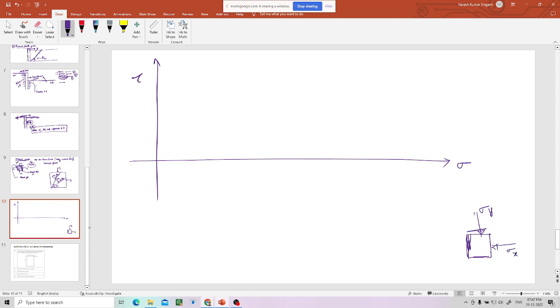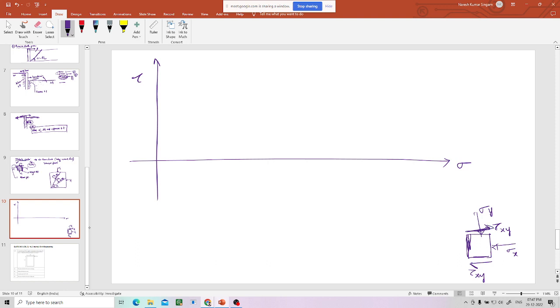There is also a shear stress value here, tau xy. There will always be a couple for the shear stress. It cannot happen just like that. So this will be tau xy.